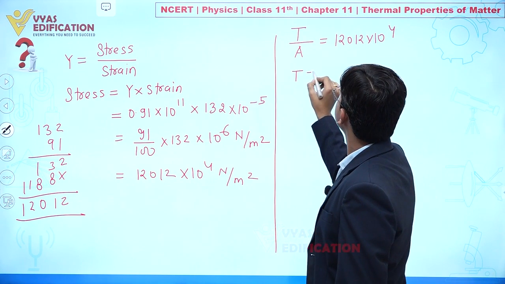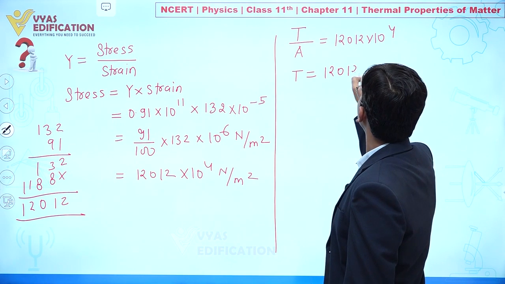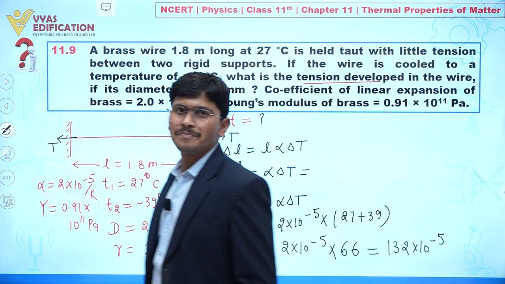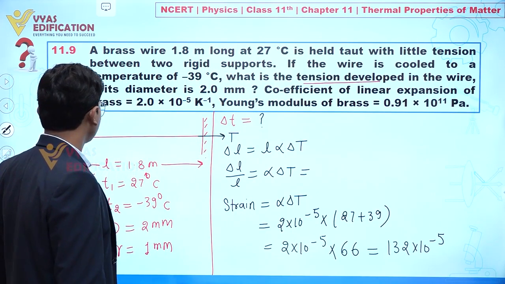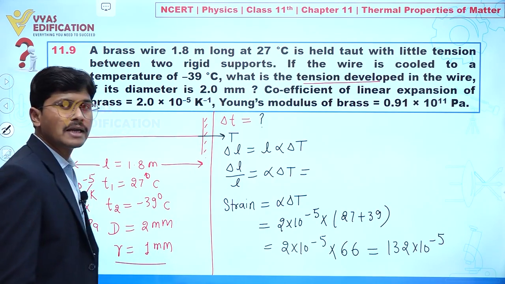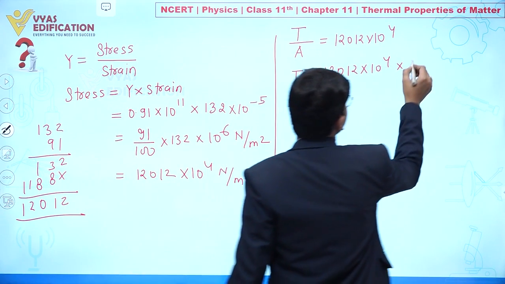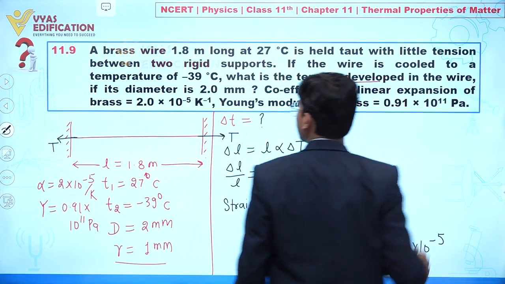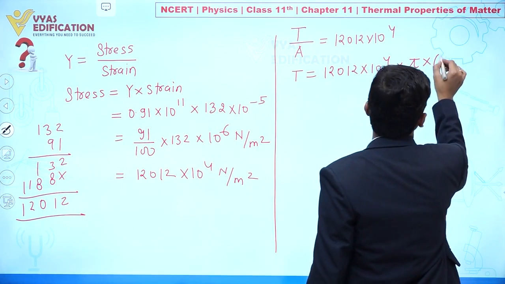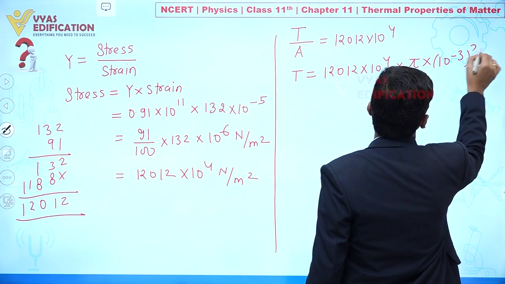Now what about the area? The radius is given to you as 1 mm, so the area is pi into 10 to the power minus 3, whole square.